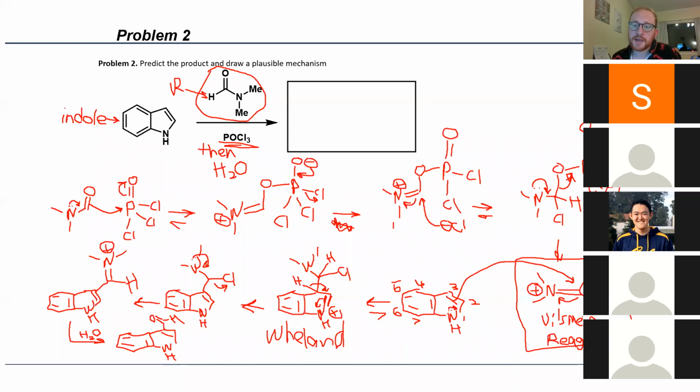And someone else asks, how do we know when something is electrophilic enough to react in SEAr? It's hard to know that from first principles. It really is more to do with knowing the reactions available to you, right?